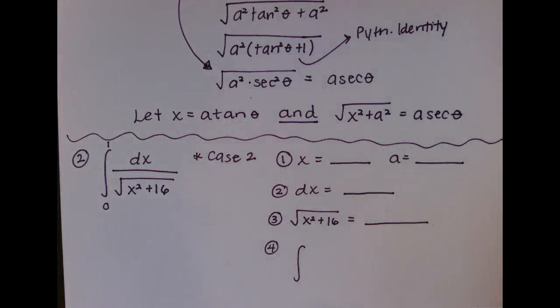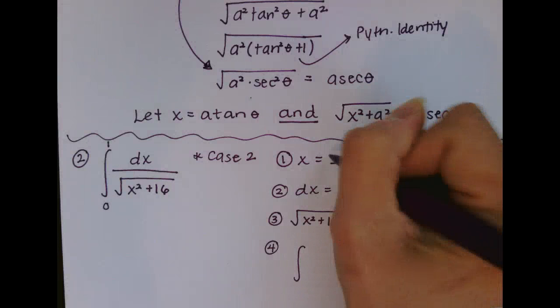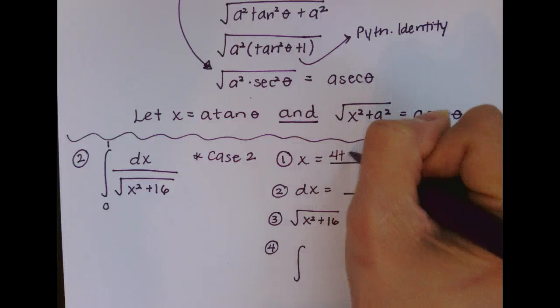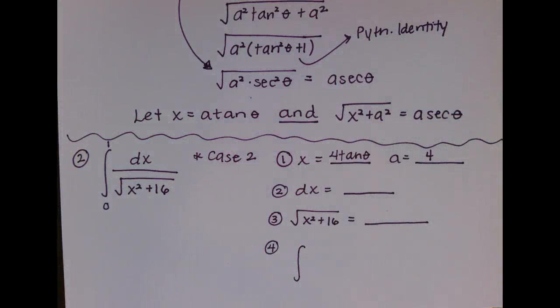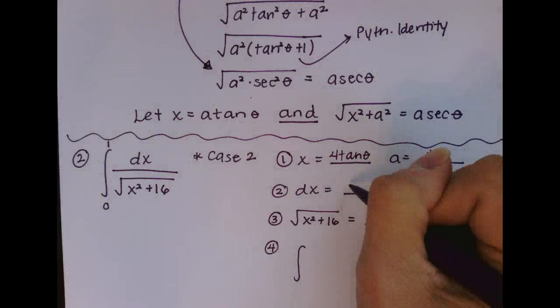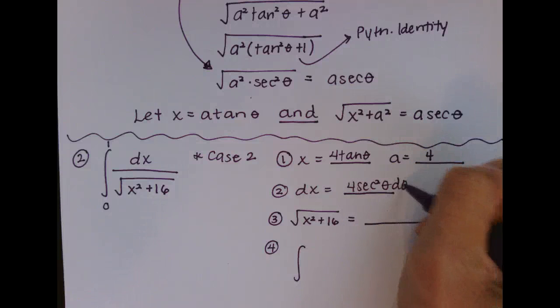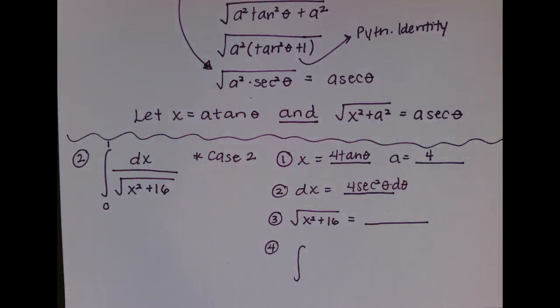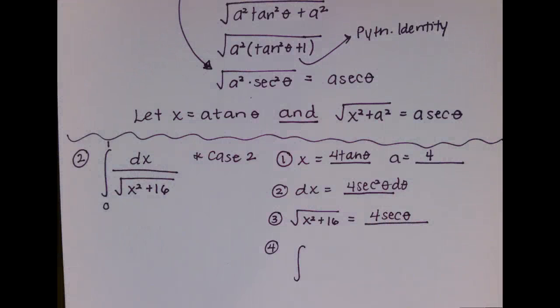Okay, so if I'm identifying all of these things, then I should say that x, in case number 2, should be 4 times the tangent of theta, because in this problem a is 4. That means that dx equals 4 secant squared theta d theta, and also the substitution that I can make for the entire denominator is 4 secant theta.